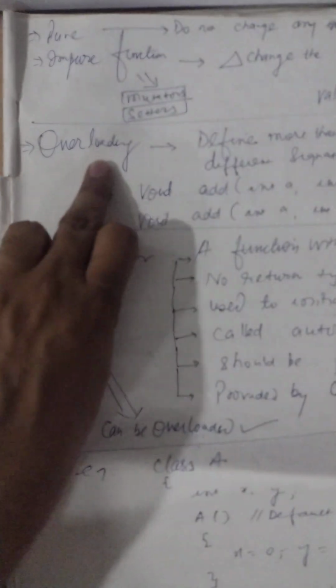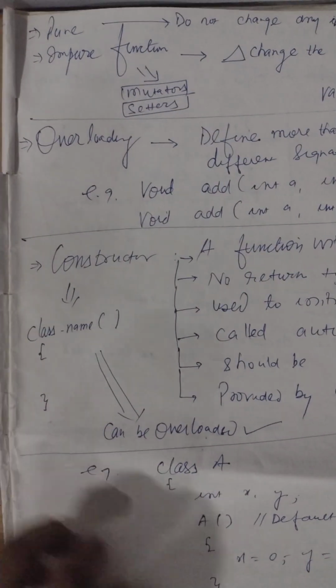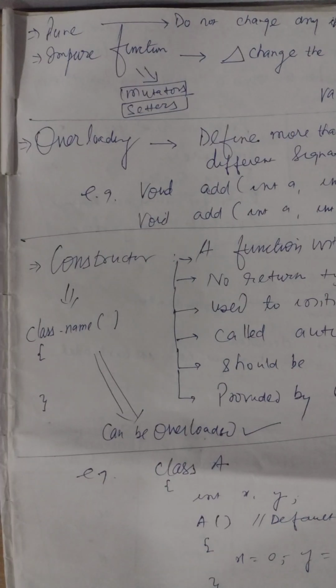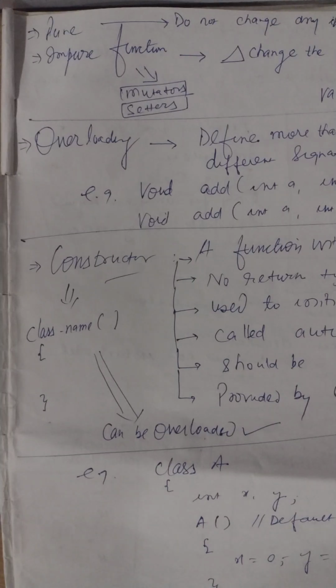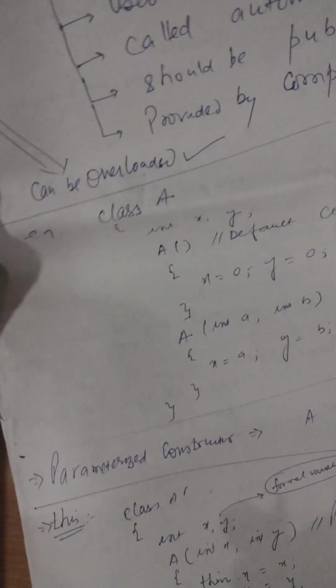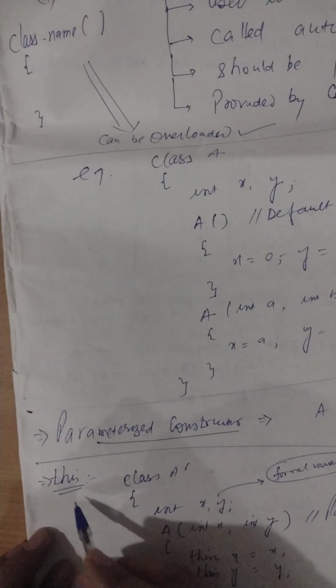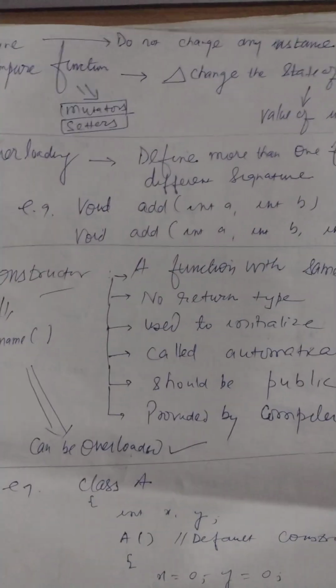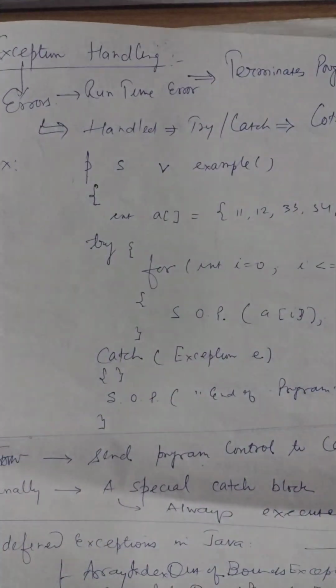Then you have pure and impure function, overloading is there. What is the definition of overloading? One of the concepts in object oriented programming. Then we have constructor, how a constructor is defined. Then we have types of parameterized constructor, and how this can be used in Java is also mentioned over here.